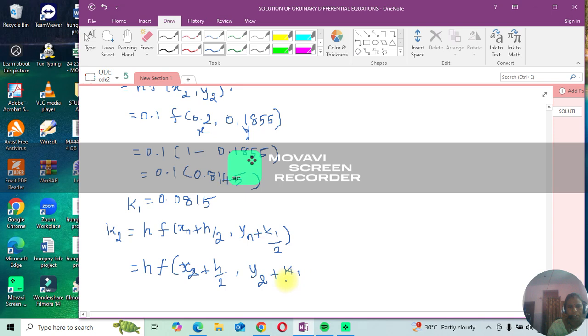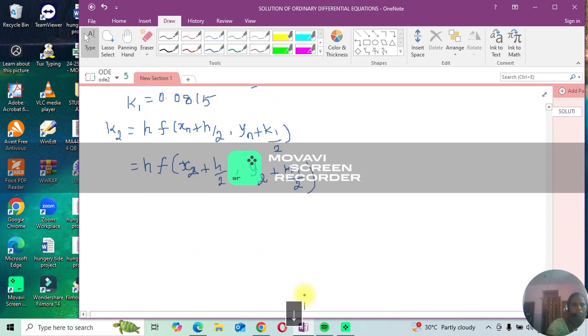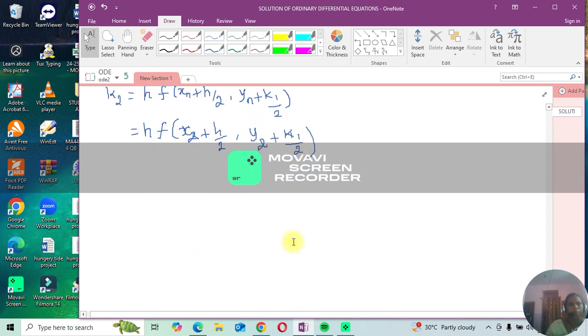So we have written the formula for n equal to 2. Now substitute the h value. The h value is 0.1, so 0.1 into f of x2.